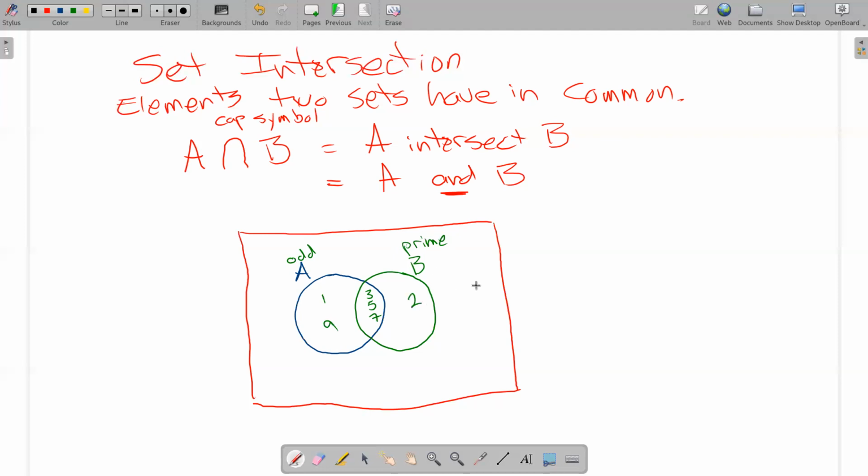Otherwise, outside here, we had 0, 4, 6, and 8. Let's see, did I get them all? 1, 2, 3, 4, 5, 6, 7, 8, 9. Yep. So there's all the numbers I was talking about before. So in this case, A intersect B would be the list of items they have in common, 3, 5, and 7. So that's the intersection, elements that are in set A and in set B.